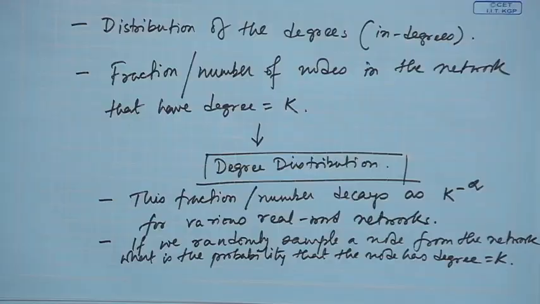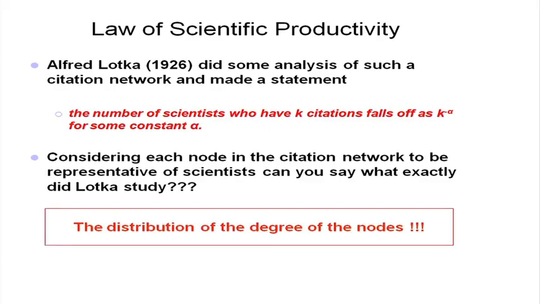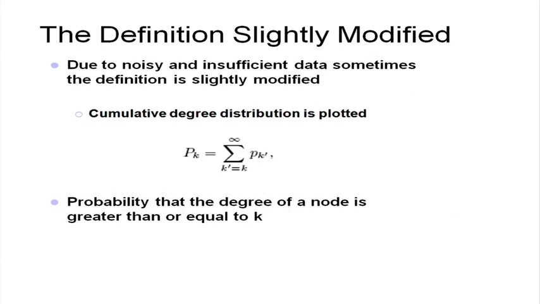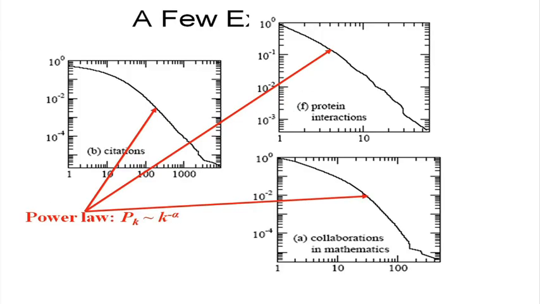In general, if you look at the slides, the degree distribution for various real world networks looks like the following three figures that I have shown you. In all these three figures, what we have plotted is the degree versus the fraction of nodes having that particular degree, and this follows a decaying behavior.